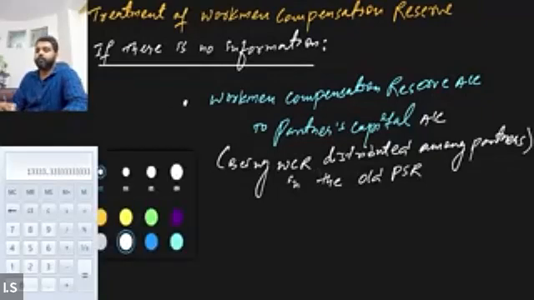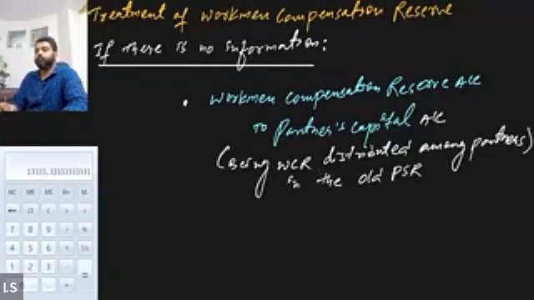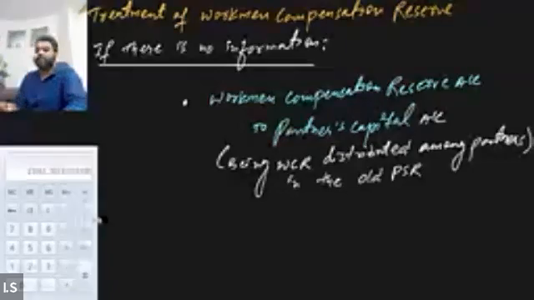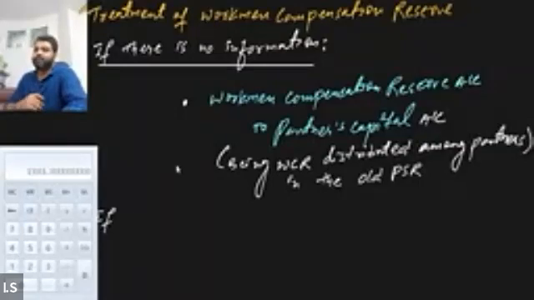Okay, situation number 2. The question may tell you that there is no claim made by the employee. See, if there is no information, that is a different thing. If there is no claim, that is a different case. So both are different situations.